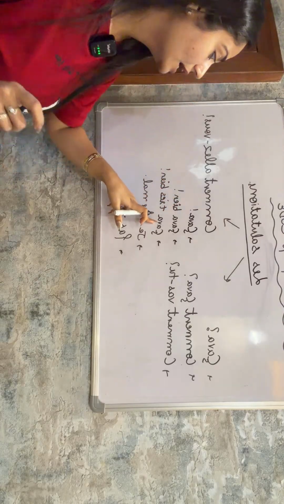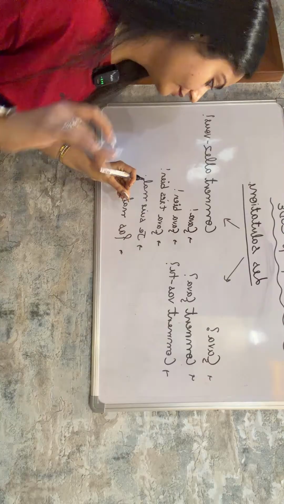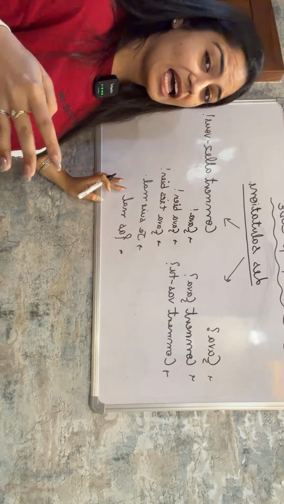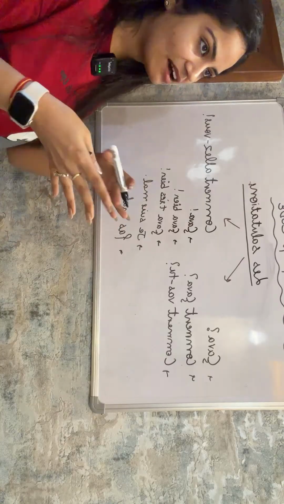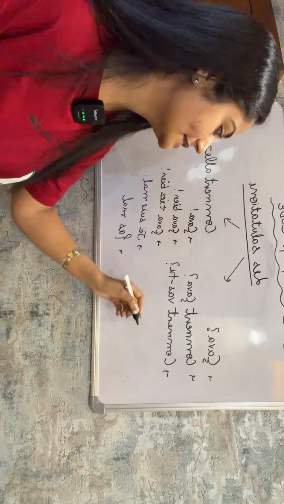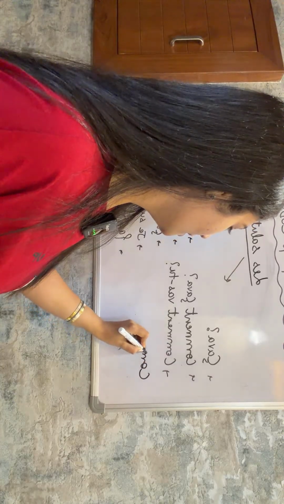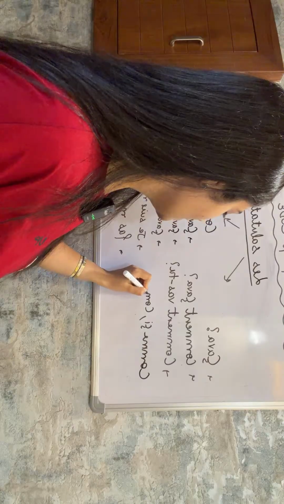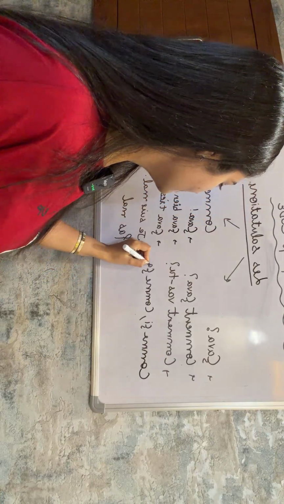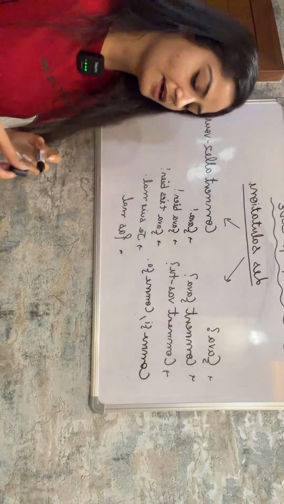Ça va très bien, I'm very well, I'm very good. Je suis mal means I'm not good. Pas mal, not bad. And if you're feeling average, okay sort of, you can say comme ci comme ça.